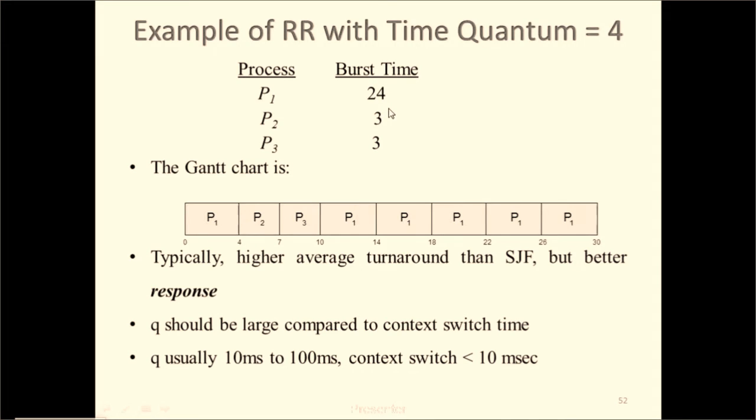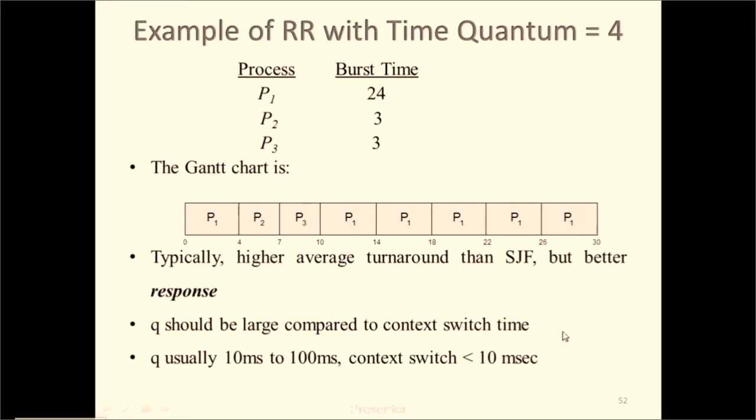Just put the first in the sequence, assign the CPU burst for the time quantum. If the process wishes to come back to the ready list, push it at the end. As simple as that. The operating system does not need any additional information. But this results in a higher average turnaround time as compared with SJF, but response is better.